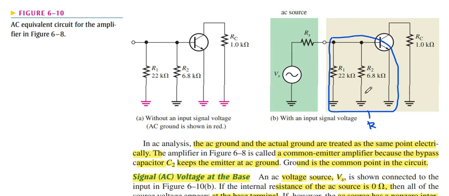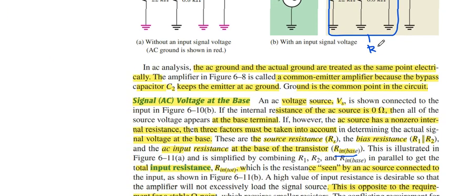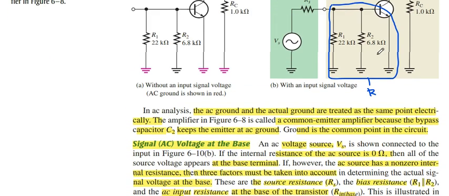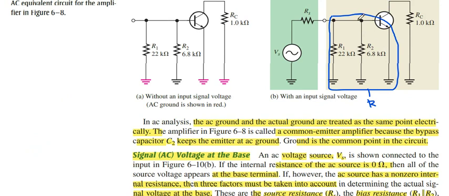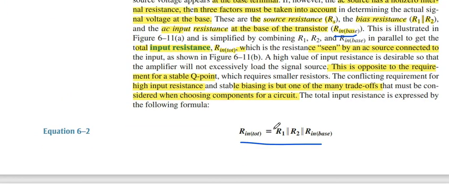We replace it and combine by using only one resistance, which is the total resistance at base. This one, R in total is equal to R1 parallel to R2 parallel to R in base.